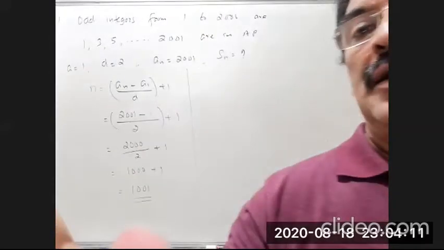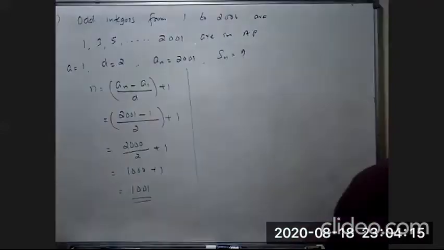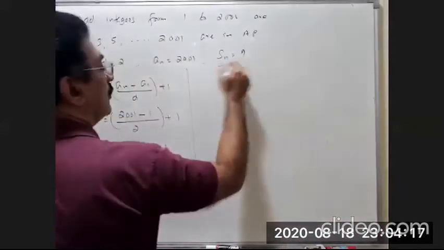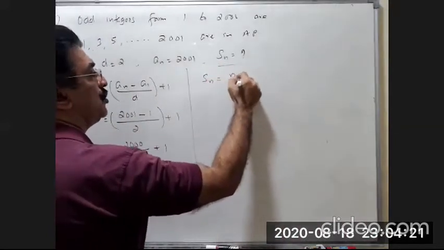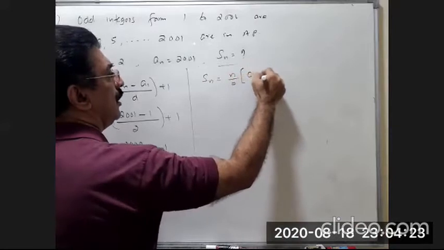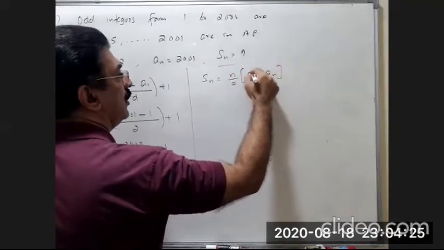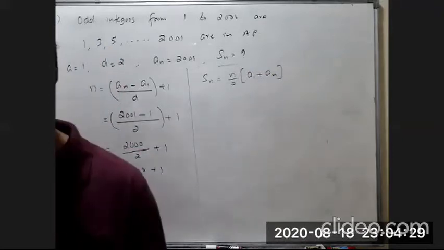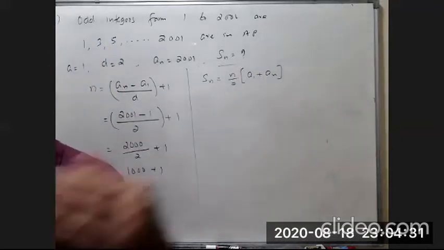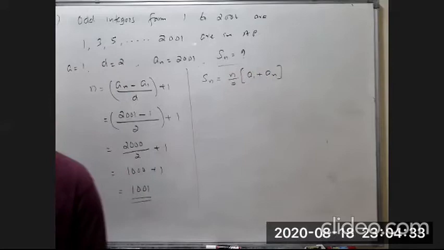The question is to find Sn. What's the formula for Sn? Sn is n by 2 into (a1 plus an). That's the better choice. Even if you're using the other formula, we get the answer. But whenever the last term is known, this is a better choice.